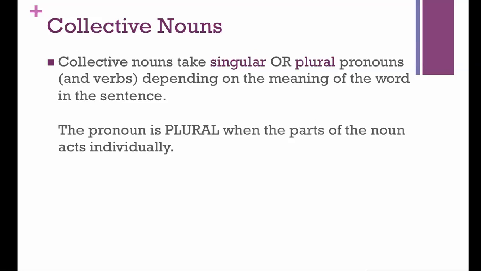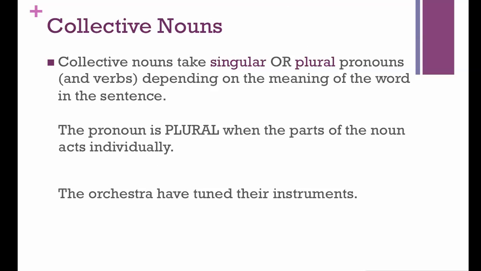However, the same word can also be plural when the parts of the noun act as individuals. So, for example, if we come back to the idea of the sheep, if they all start running away in different directions, the herd is now plural because all of the sheep are going different places. So here's the same word in a different example.